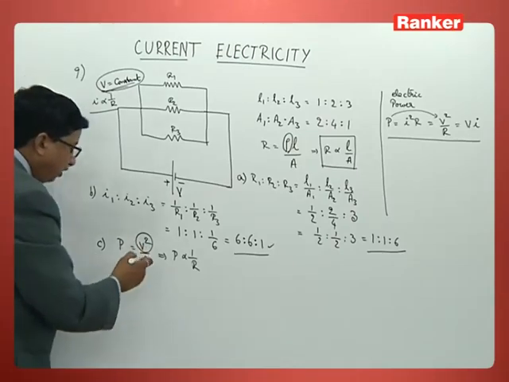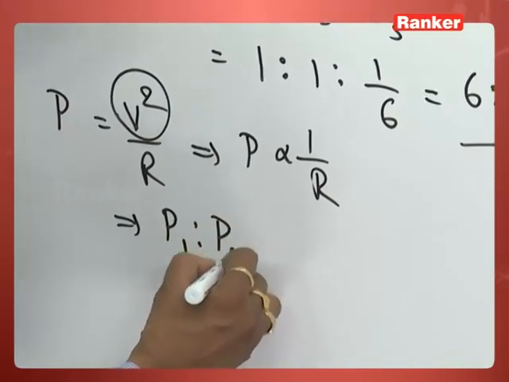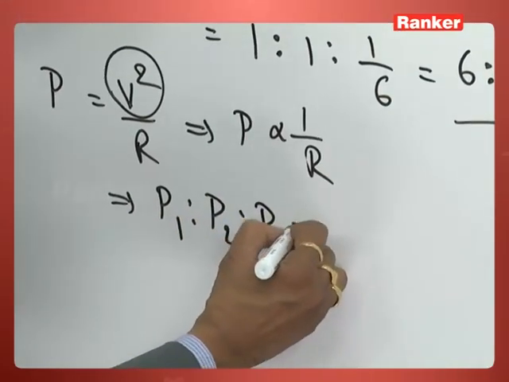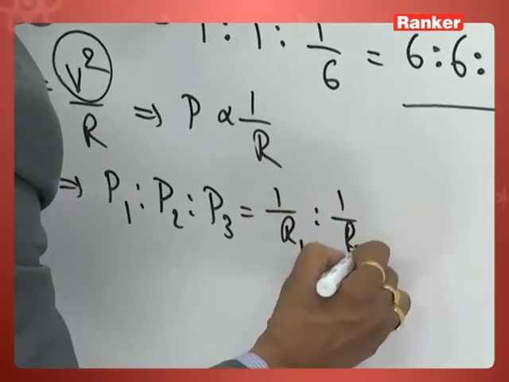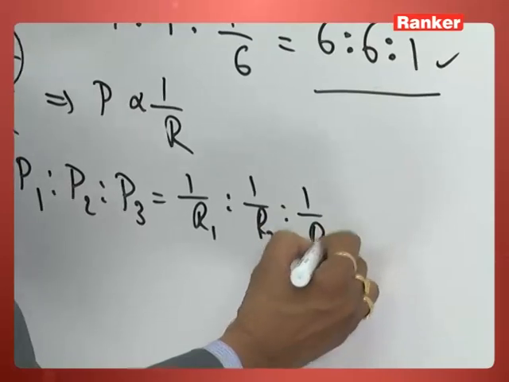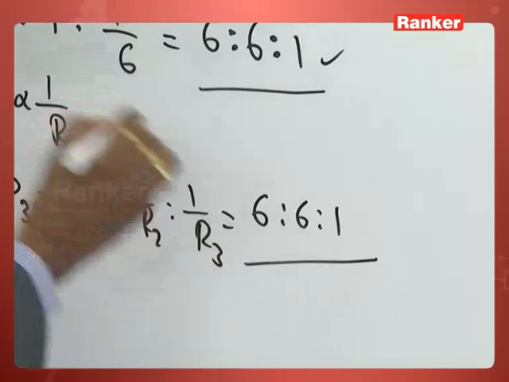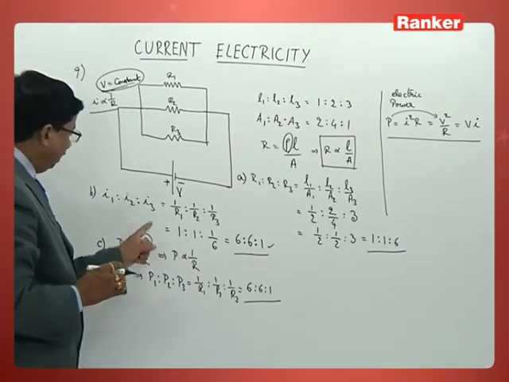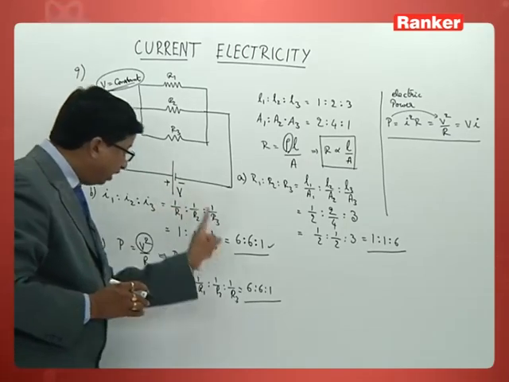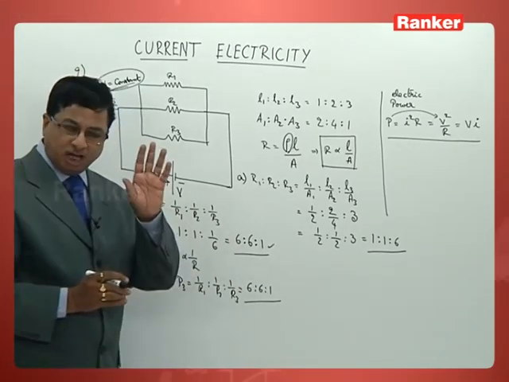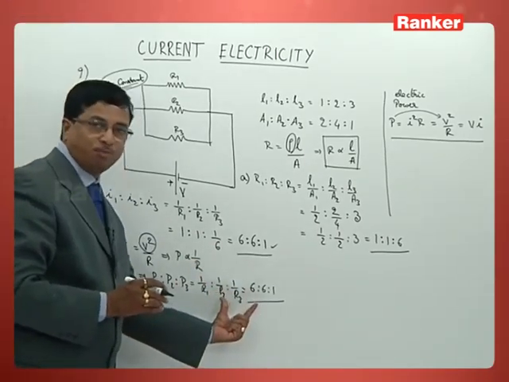So, what is the method of writing the formula? It can be P1 is to P2 is to P3 is equal to 1 by R1 is to 1 by R2 is to 1 by R3. What is it again? 6 is to 6 is to 1. The way in which we found the ratio of currents, the same thing is repeated in the case of powers also.